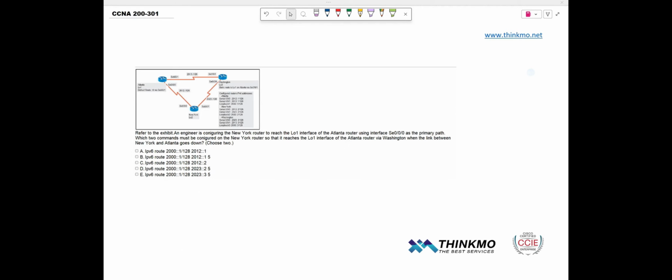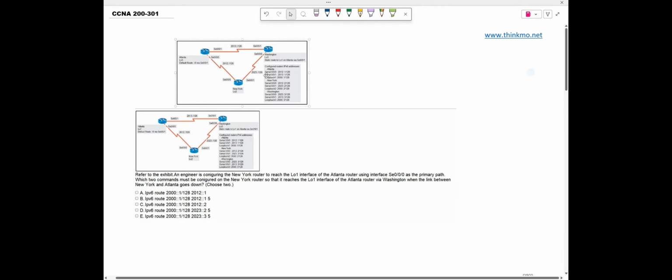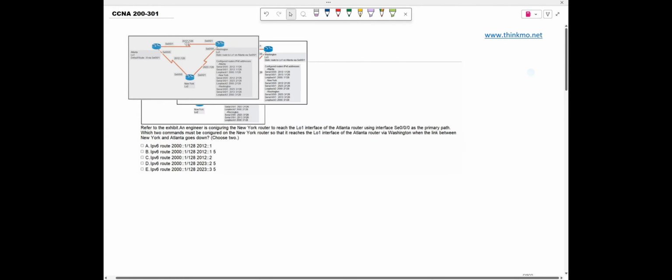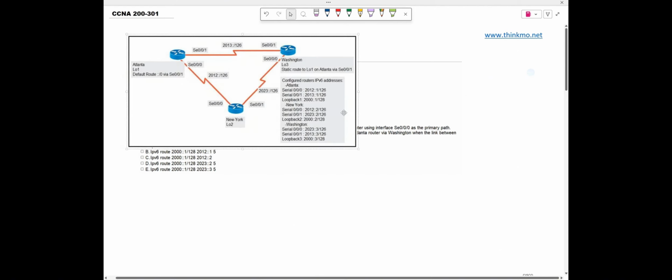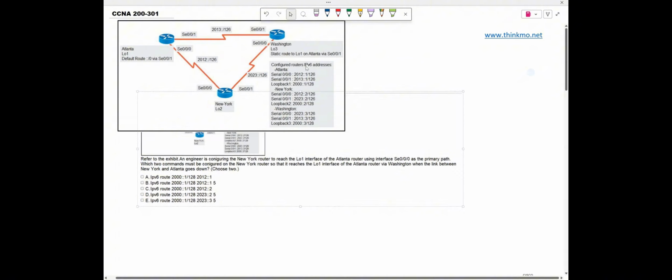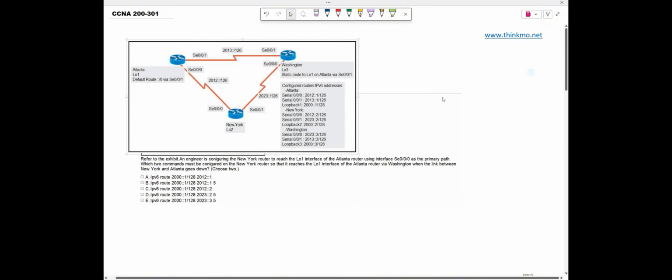It also asks us to look at this diagram. Let me paste the diagram here, it's too small. This diagram, look at this diagram.